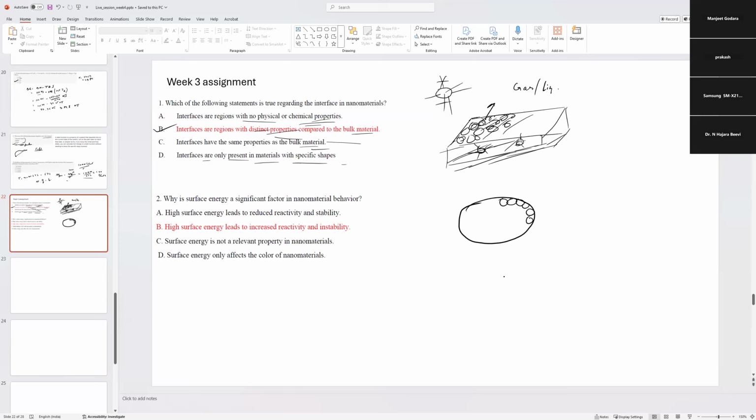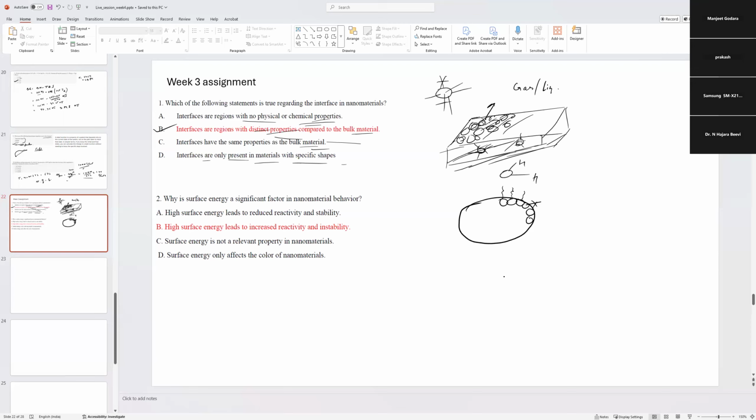Since they have incomplete bonds, they want to form bonds along the surface. So they are highly reactive, like water may want to absorb on the surface.